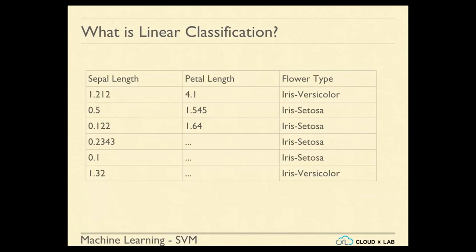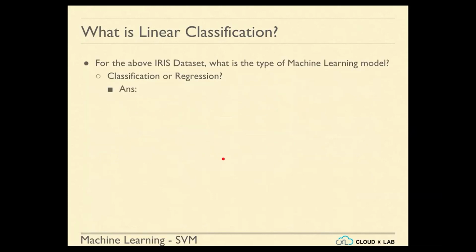These are the flower types we are trying to identify based on these two features. The last column is your target, and these are your features. So the question is, for the above iris dataset, what type of machine learning model is it, classification or regression? It's a very simple thing.